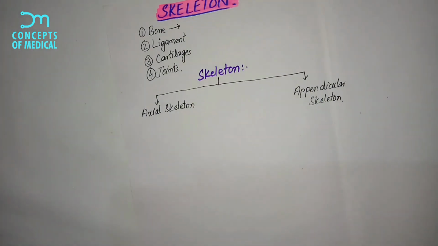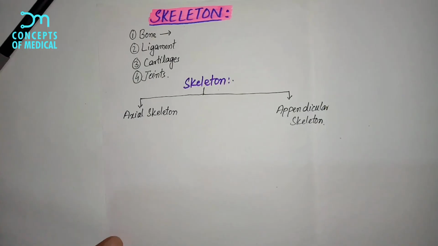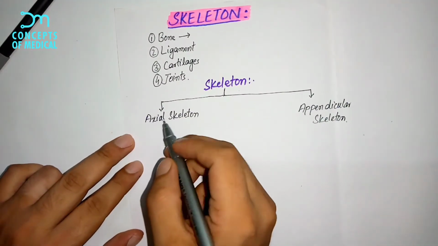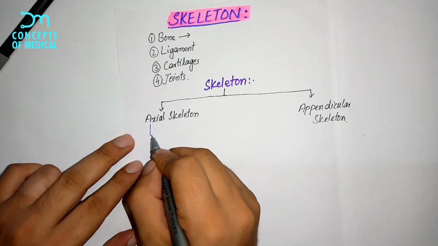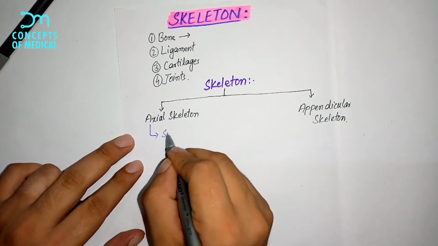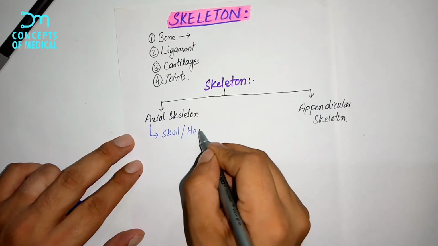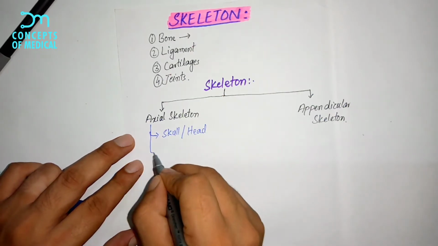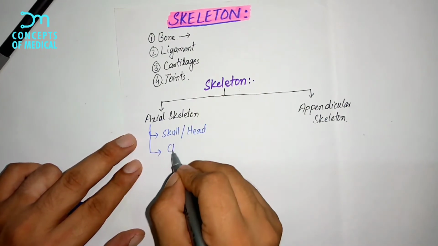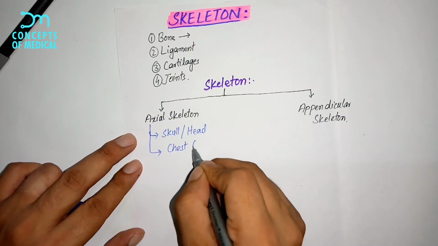In the axial skeleton we have three parts. The first is the skull or head. The second is the chest cavity.